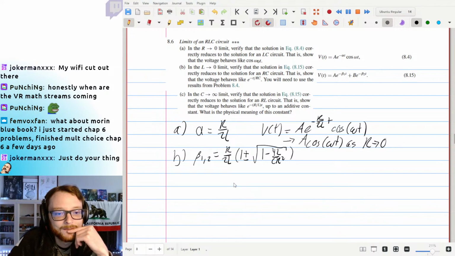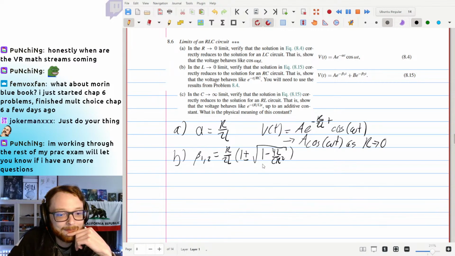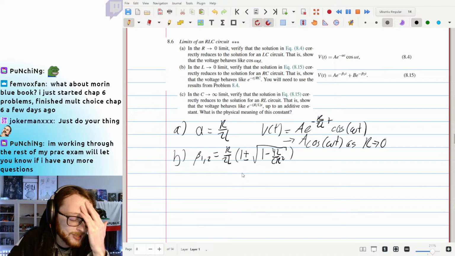I think it would appeal to a good amount of people. What about the blue book? I haven't gotten back to the blue book yet. I'm still on chapter 5.